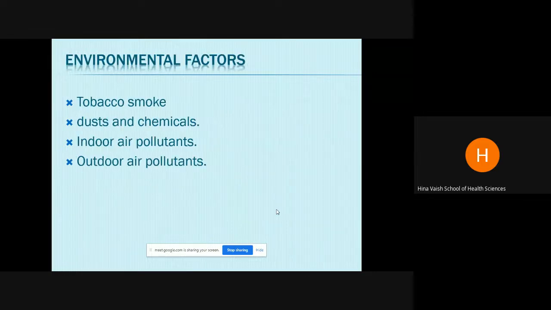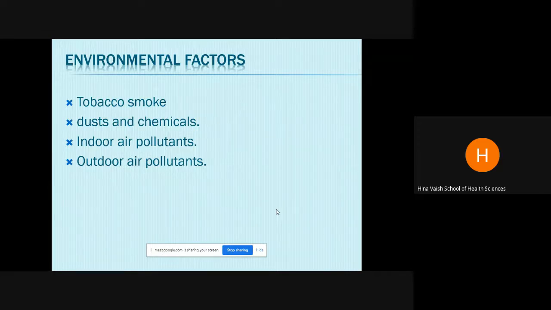And there are the other factors, which include the environmental factors. Now, environmental factors means the factors from the surroundings. So, like tobacco smoke, one of the major reasons for the development of COPD is smoking. The person who smokes is the active smoker, and the people nearby who are getting exposed to that smoke are the passive smokers.